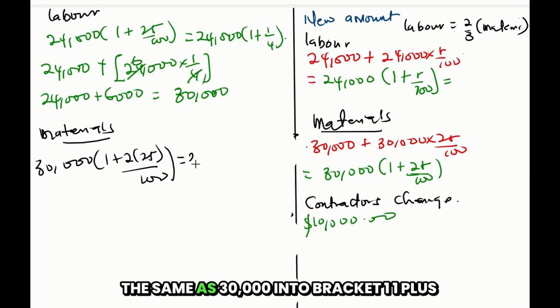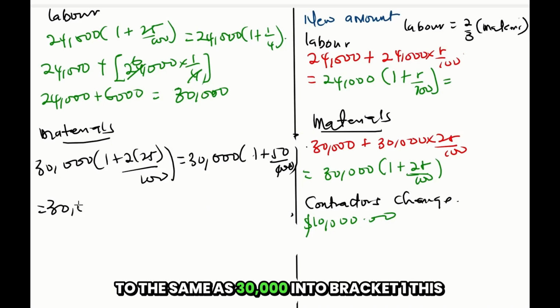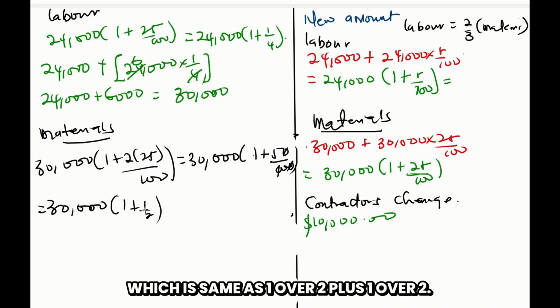This is the same as 30,000 into bracket 1 plus 50 over 100. This 0 cancels this 0. This is 5 over 10. This is the same as 1 over 2. So 1 plus 1 over 2.